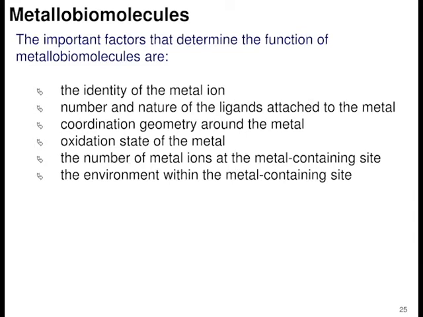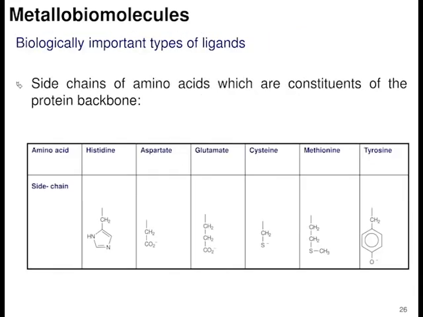Okay, this is the part I think you will not like. These are the structures of amino acids that you need to know. Is the pace okay? Am I going too slow? Okay. So histidine, aspartate or aspartic acid, glutamate or glutamic acid, cysteine, methionine, and tyrosine.